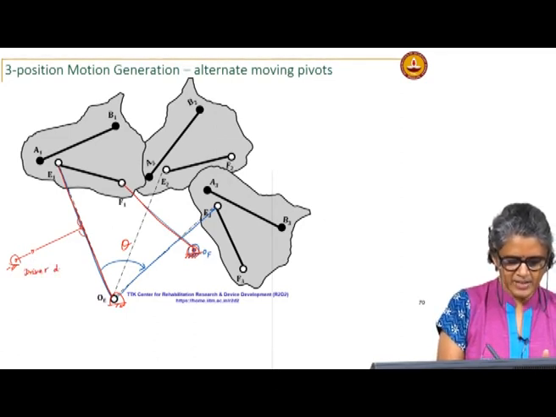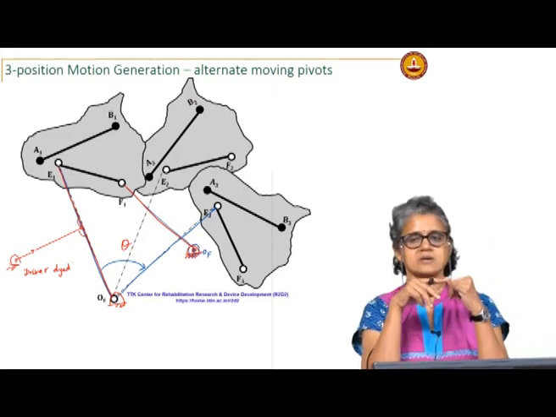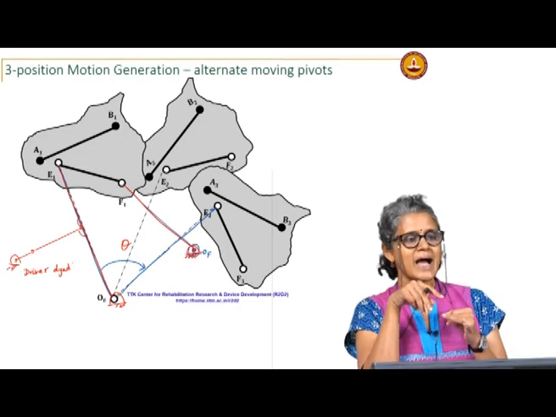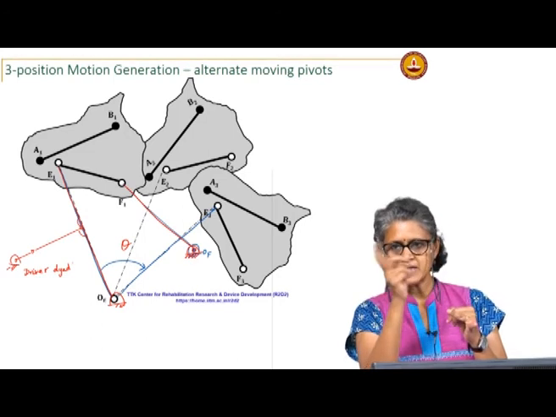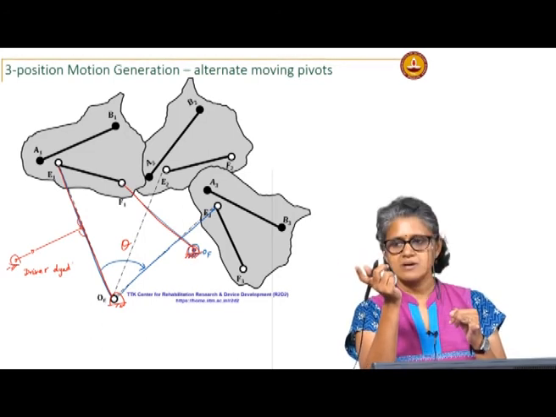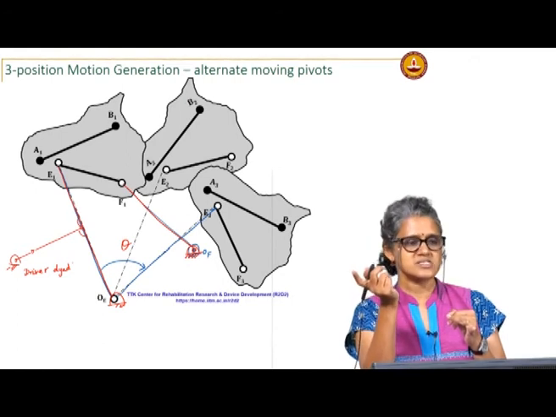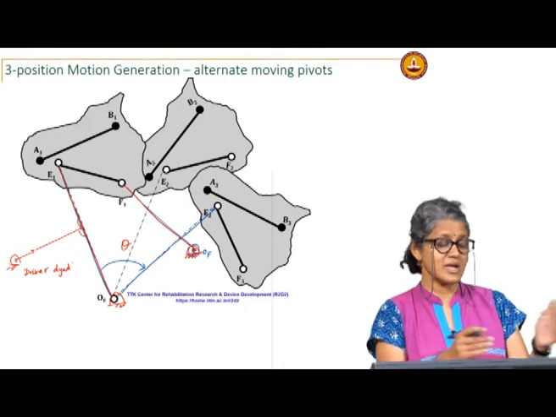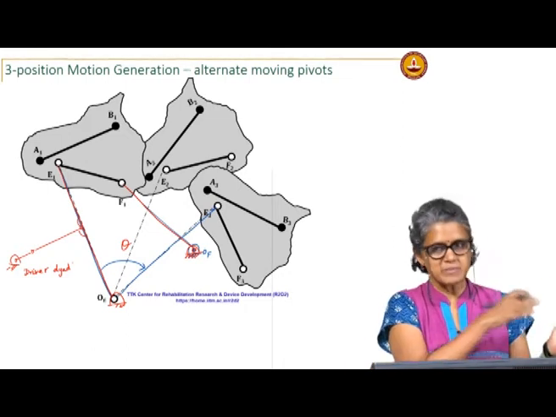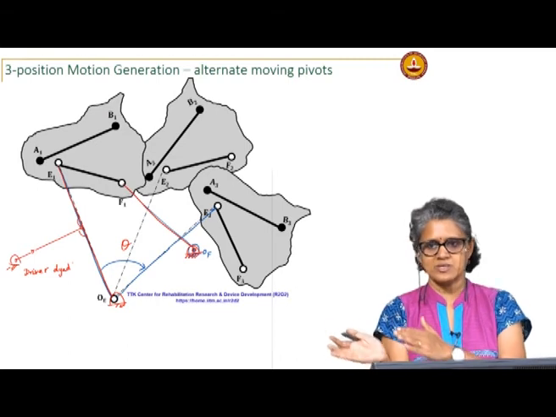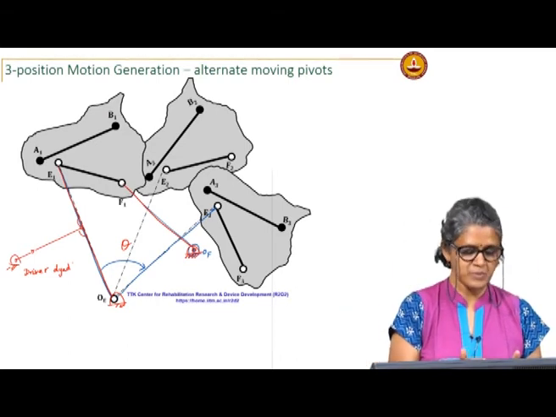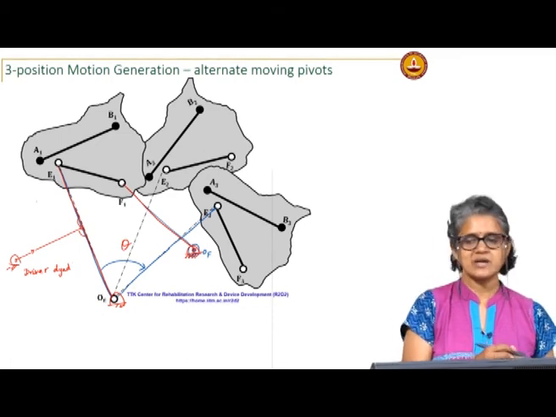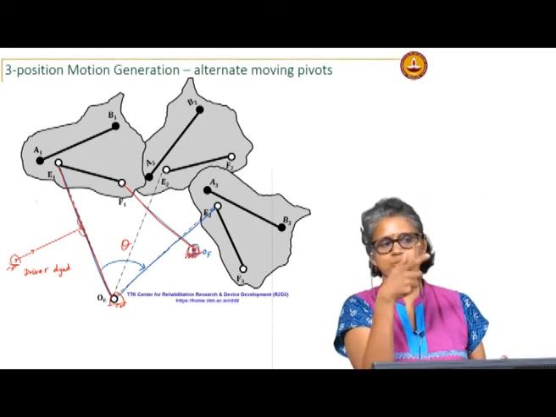So when I do that, now I have accomplished the 3 position motion generation as well as limiting it to the extreme positions, so that it is not going to some A4 B4 that I do not want. Okay, I am limiting it to go from A1 B1 to A3 B3 and back to A1 B1, and additionally with the driver dyad I can now give a continuous input.